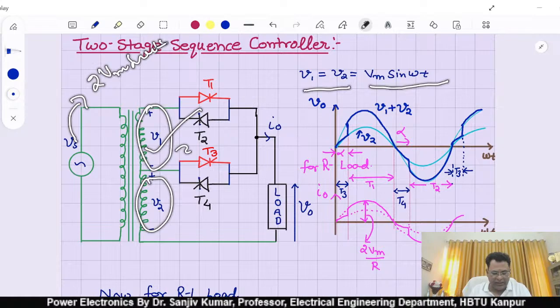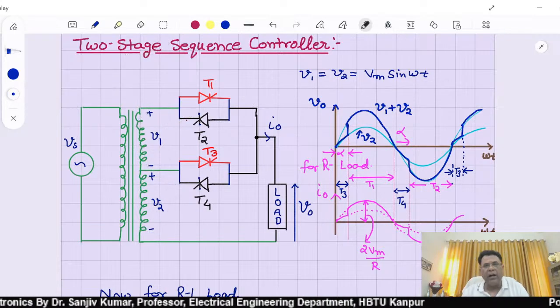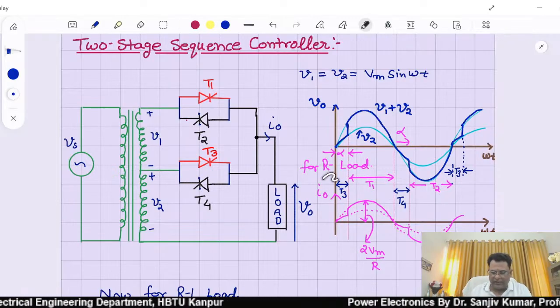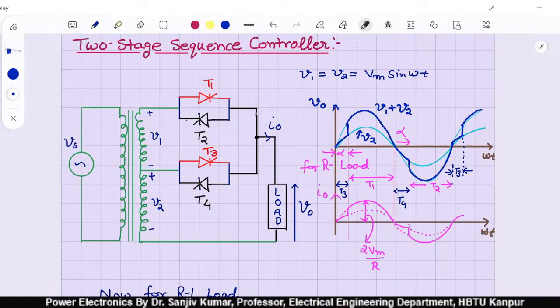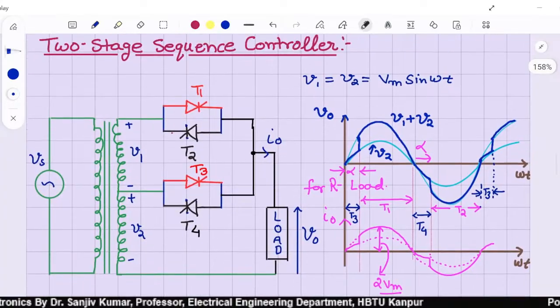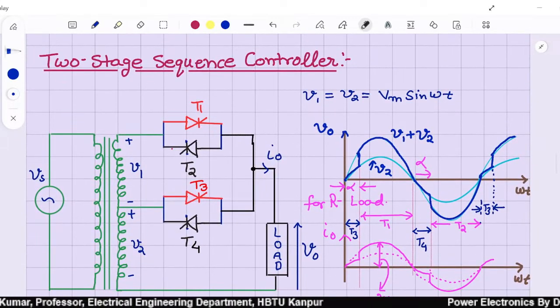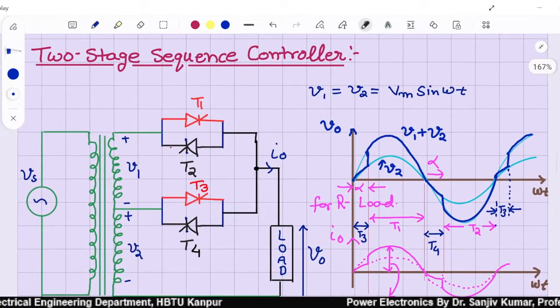Half voltage is here and half voltage is here. Now, if we wish to control, let us see it first for resistive load, then we will see for RL type load, right? Let me zoom it.